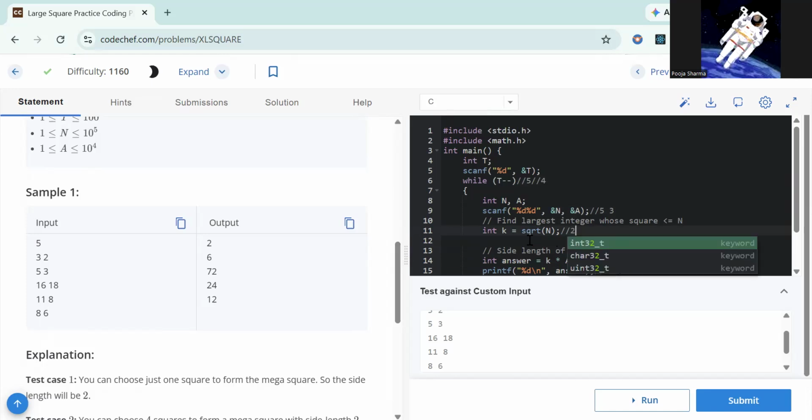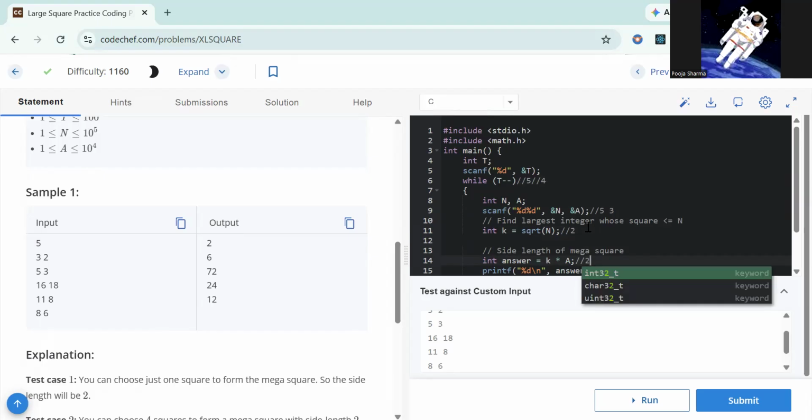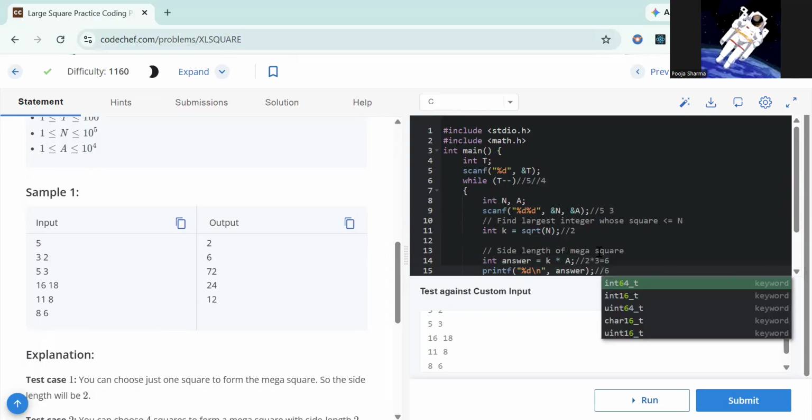The square root of 5 will give you 2 point something, so I am taking only 2. Then k value is 2 multiplied by 3, that is 6. If you see, 6. Yes.